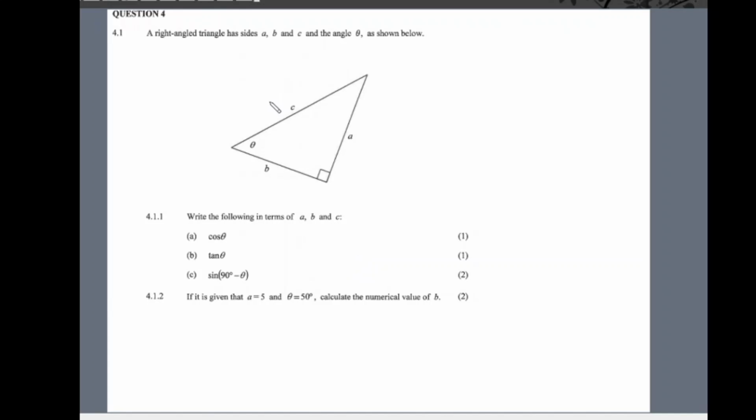Mawukhumbula sithe when you are given a right angled triangle, ama trigonometric ratios wakho ukuthi wakhumbula uzosebenzisa uSOHCAHTOA, right?